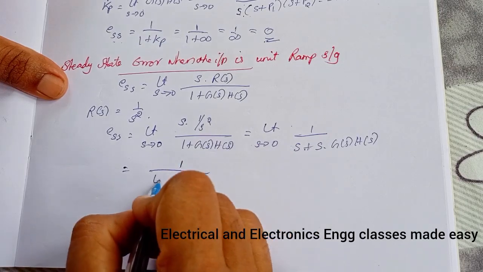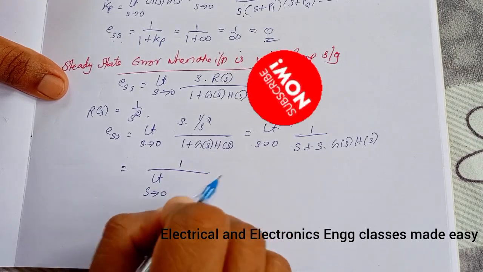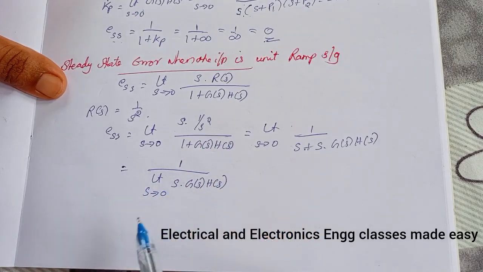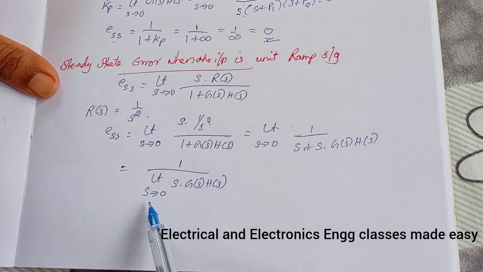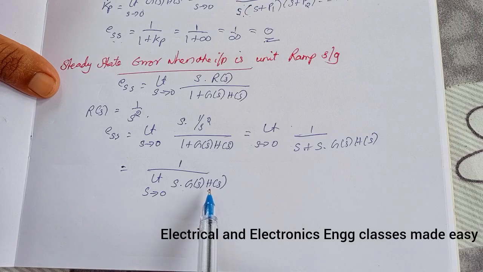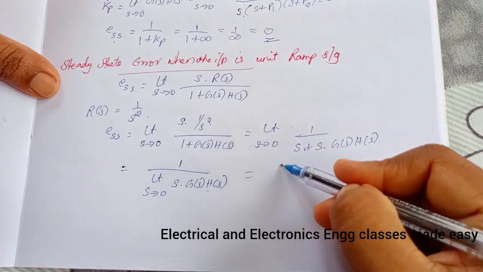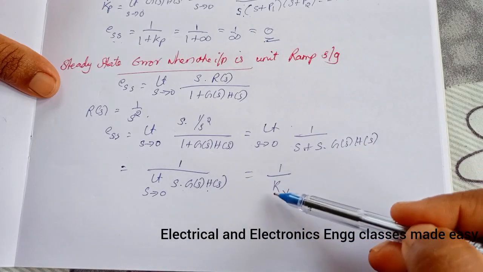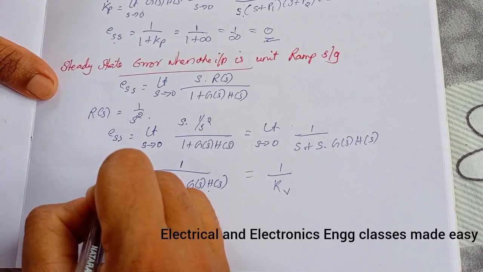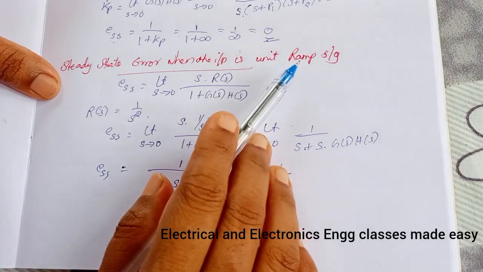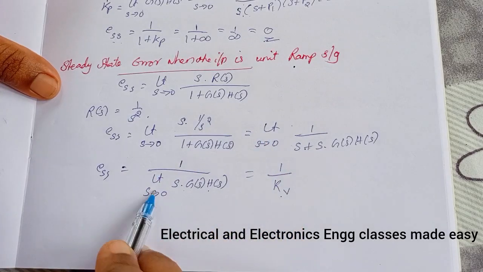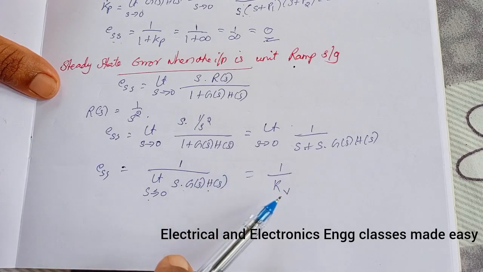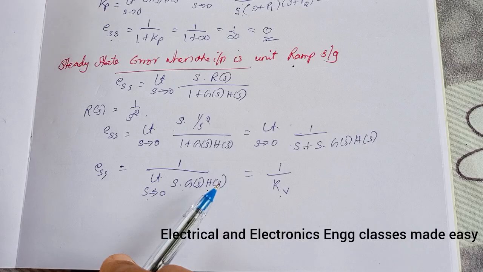Then what remains is limit s tends to 0, s into G of s H of s, which we have already defined as the velocity error constant Kv. So this is 1 divided by Kv. So ESS is 1 divided by Kv for a unit ramp signal, where Kv is limit s tends to 0, s into G of s H of s.